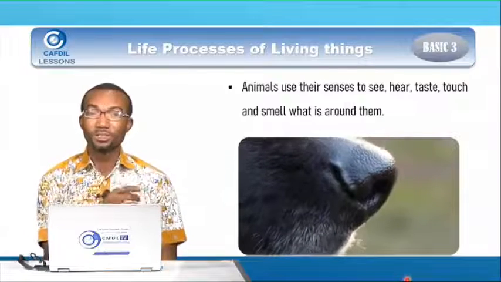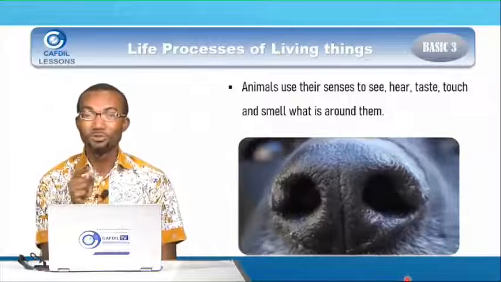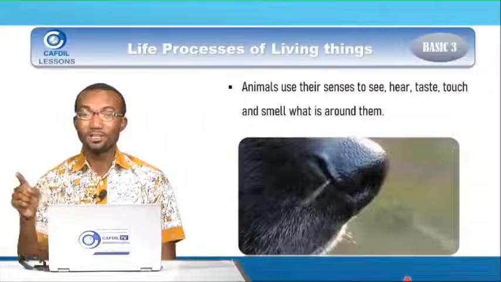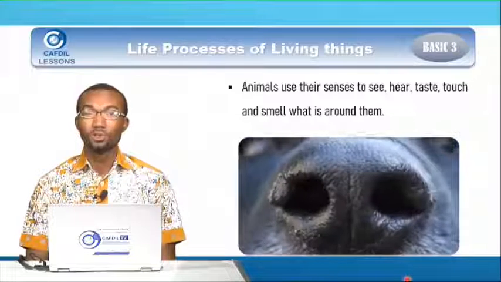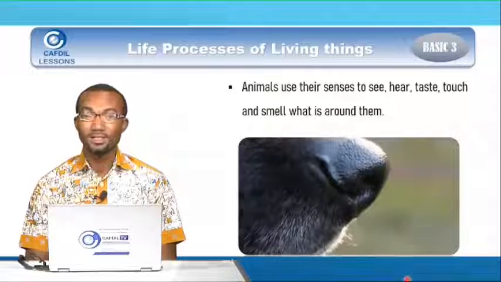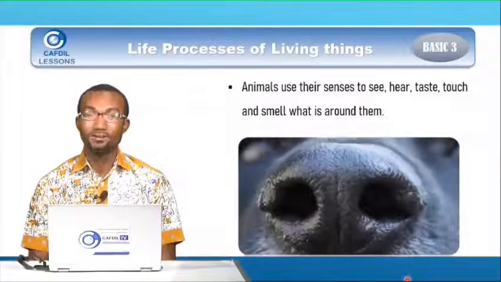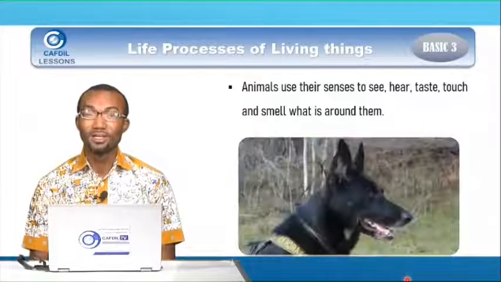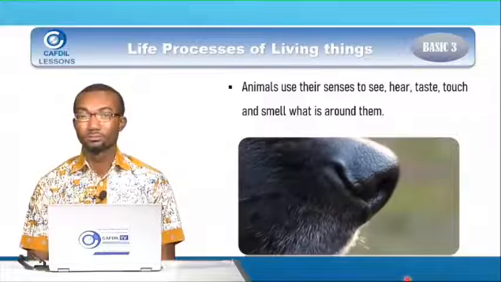Why do they do that? When they are coming back, they will use their nose to smell their urine, and that will lead them home. So dogs use their nose very well because that sense organ is very powerful. They also have tongue to taste, they have eyes to see, they have ear to hear, and they also have skin. Good.